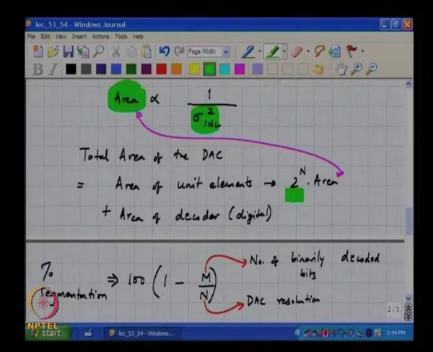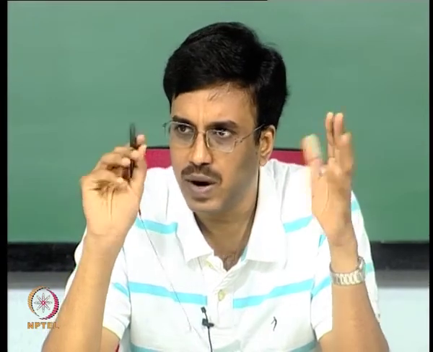All right, because we saw in the last class that it is the sigma INL which is the largest at the mid chord, depending on whether you do end point INL or best fit, the constant of proportionality will change, but it will roughly be of the form sigma of the unit element times square root of 2 to the n by 2.